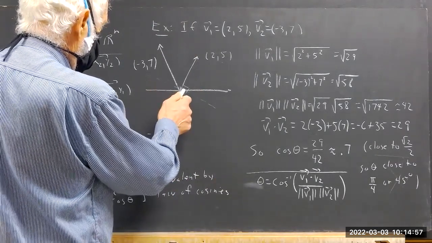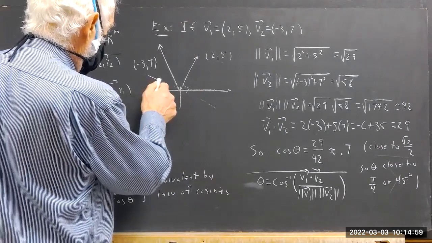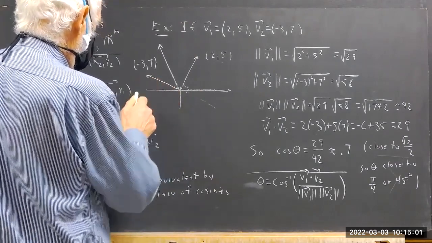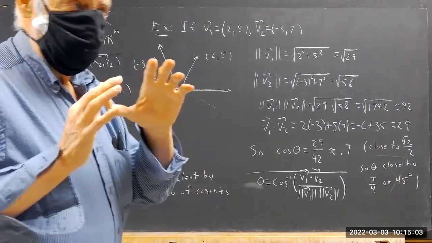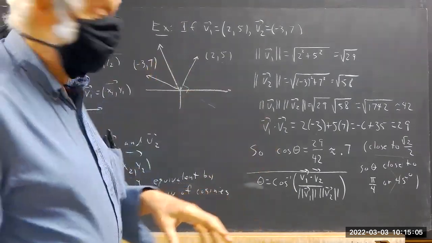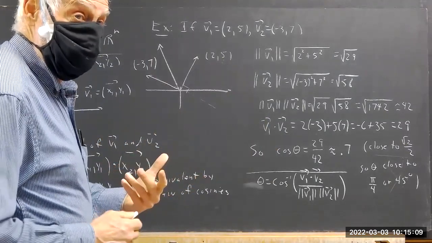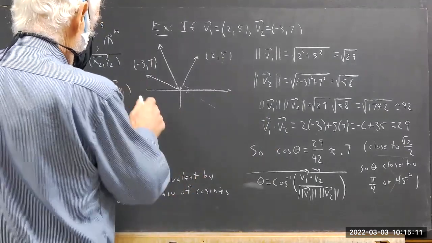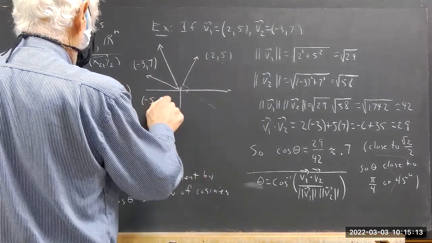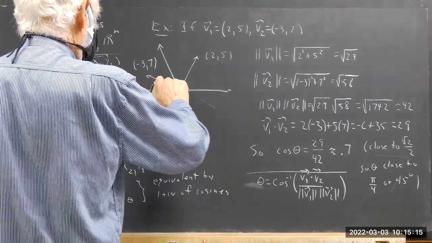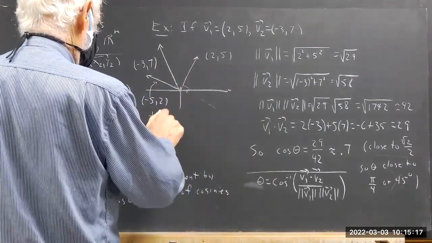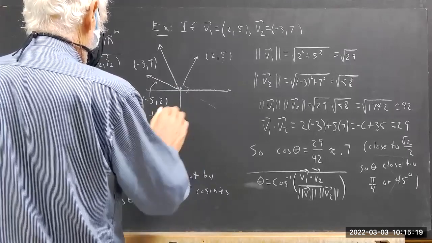A vector over here that is perpendicular is exactly that idea of the negative reciprocal slope. All I have to do is reverse these and make one of them negative, right? In this case, the vector would be (-5, 2). It's perpendicular to (2, 5).